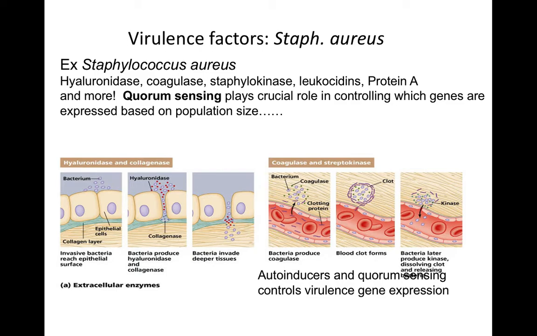Okay, and then folks, we're going to go over here, and this is when we're going to get into quorum sensing. So let's say Staph aureus has just invaded us, and let's say these little purple balls here are Staph aureus. When the Staph aureus population size is small, there's not very many of them, they really need to find a way to protect themselves from host phagocytic cells. So the Staph aureus will make this neat enzyme called coagulase, and it sounds like coagulation, right?